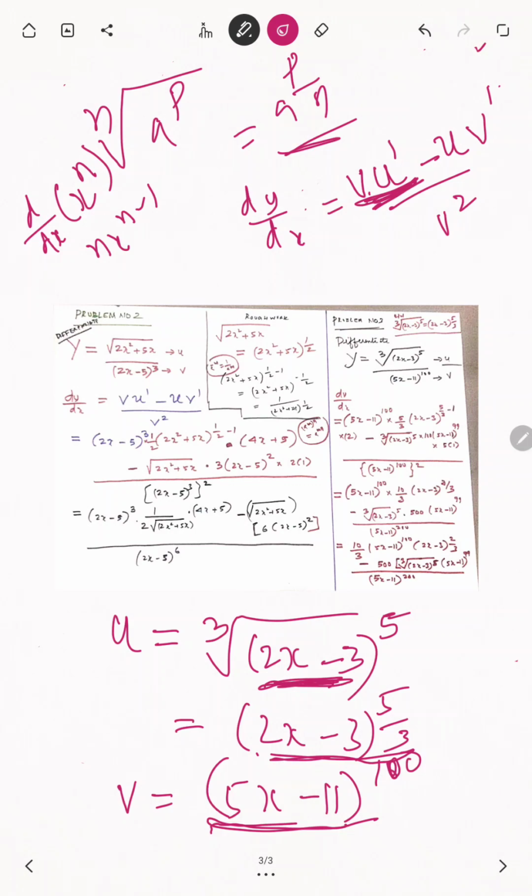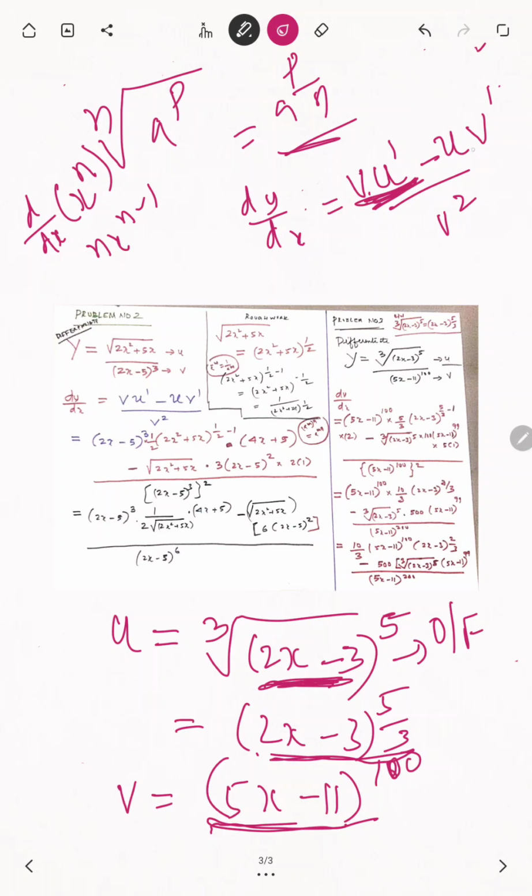Same thing you write. Whenever you want to write u, you always write the original form. u' means a different form, so that is very important. Whenever you want to write the original form, you write the same thing. That's why sir is writing the same: cube root of (2x minus 3) whole power 5.